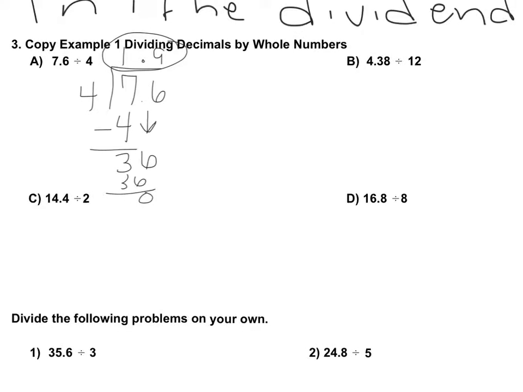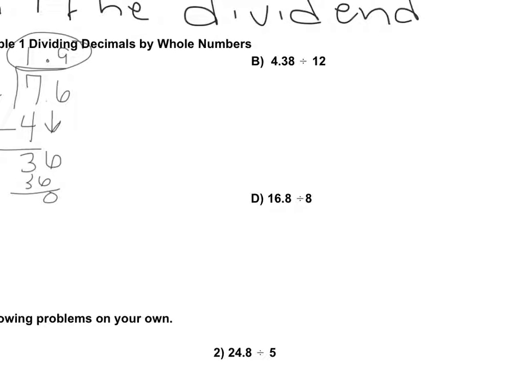Now if we take a look over here at 4.38 divided by 12, we'll do that one together again. 4.38 divided by 12. Now we're going to have to make sure we take our decimal from our dividend and we put it up here in our quotient. And now let's look. 12 goes into 4 0 times. 12 goes into 43 3 times.